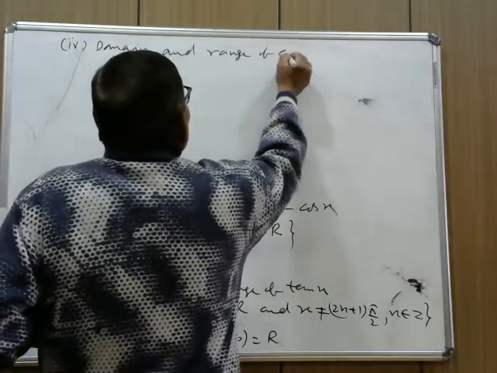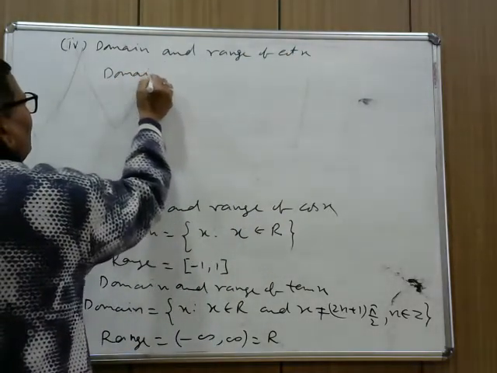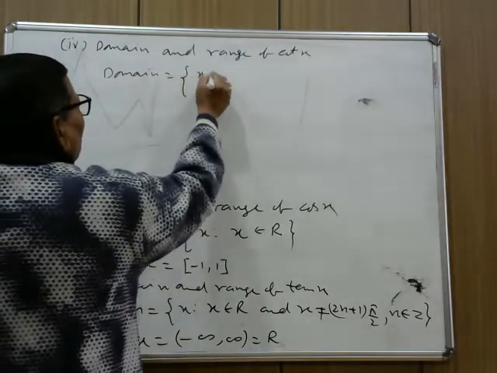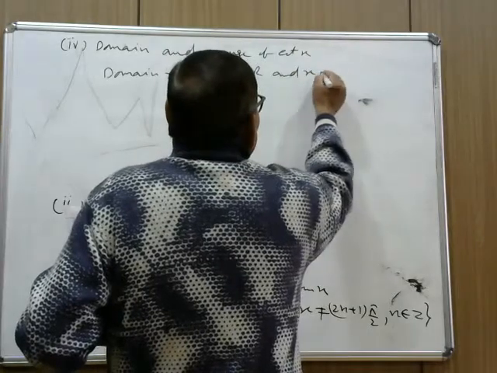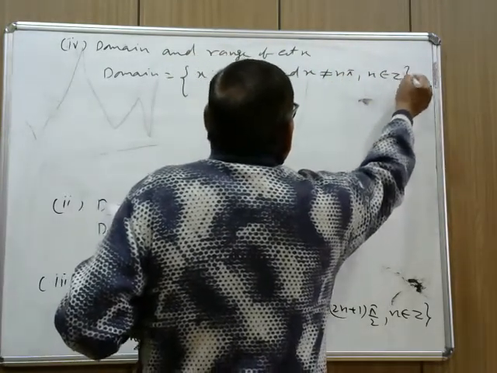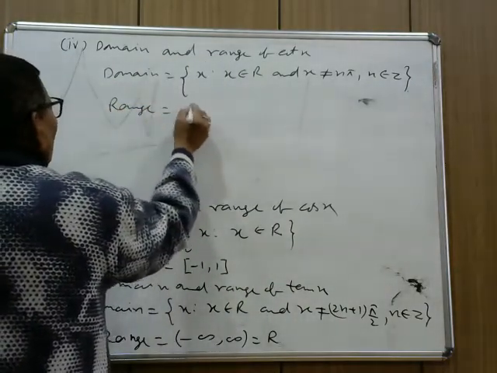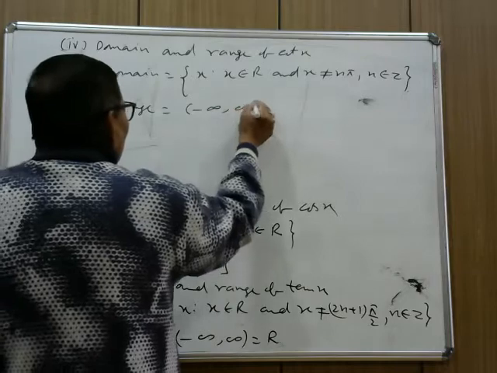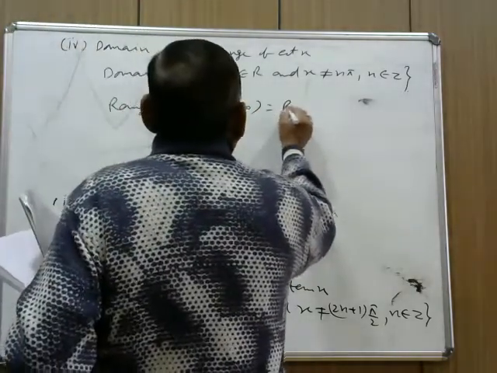Domain is defined as all x such that x belongs to R and x is not equal to n pi, n belongs to Z. This is the domain, and your range is also minus infinity to infinity. That is the set of real numbers.